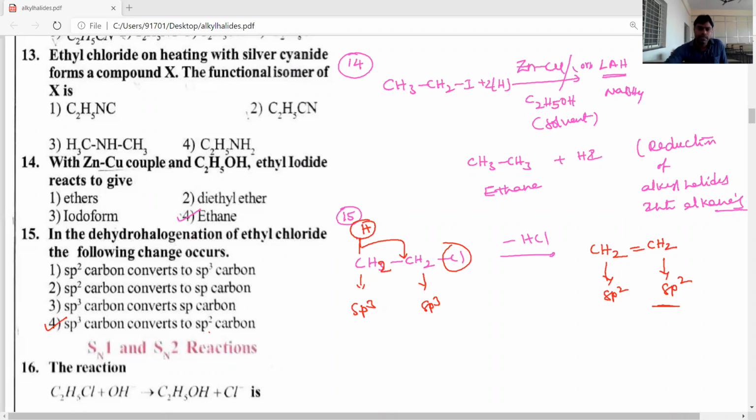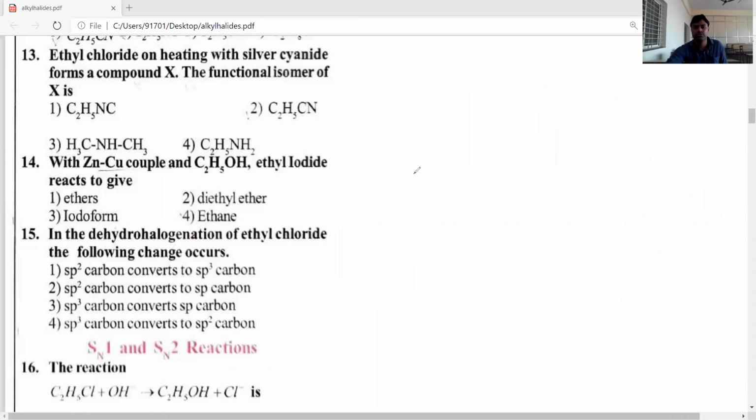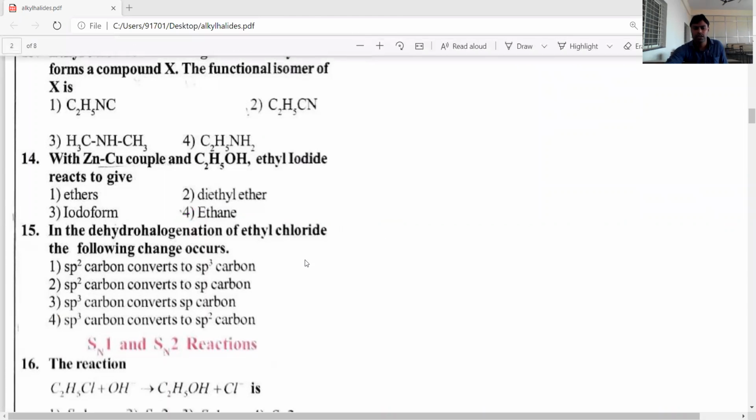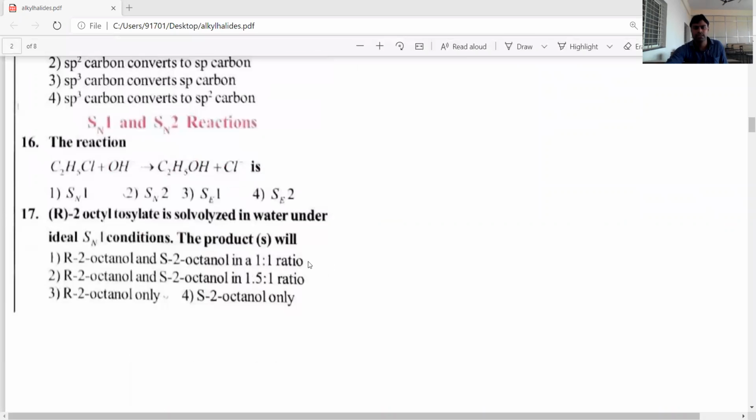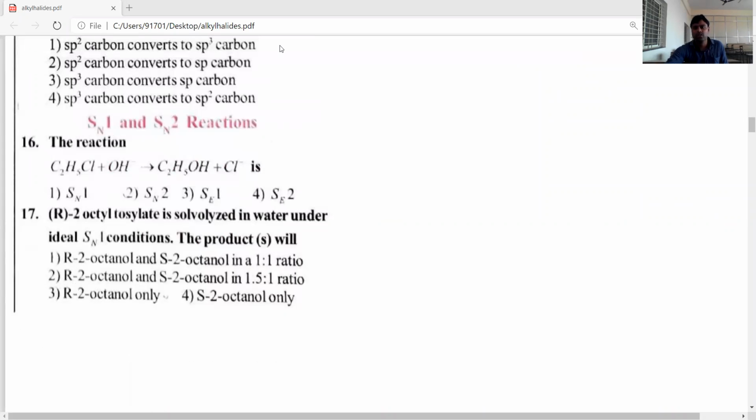Okay, let's go for the next chemical properties of alkyl halides, that is SN1 and SN2 reactions, nucleophilic substitution reactions. We know very well nucleophilic substitution reactions are of two types, unimolecular and bimolecular. In SN1 reactions, tertiary alkyl halides are more reactive than secondary alkyl halides and then primary alkyl halides.